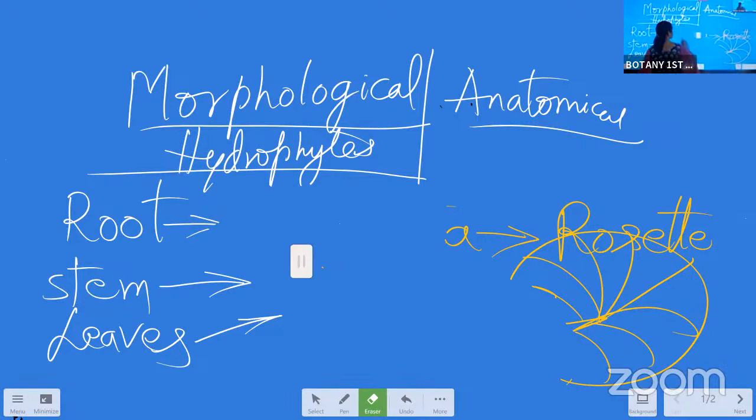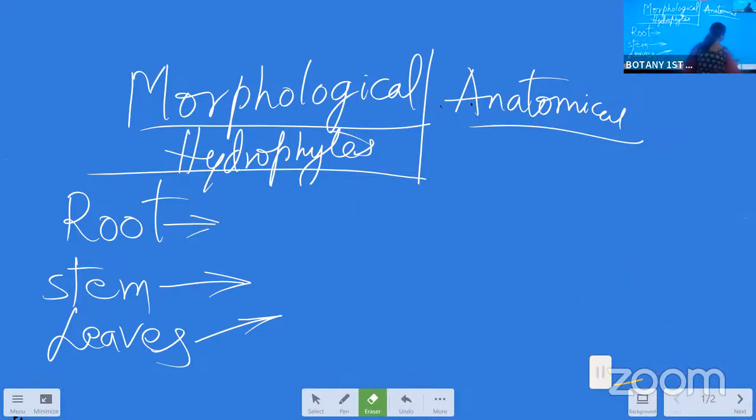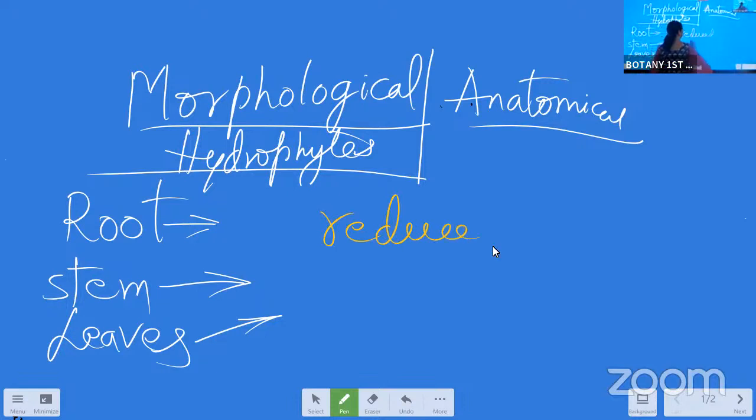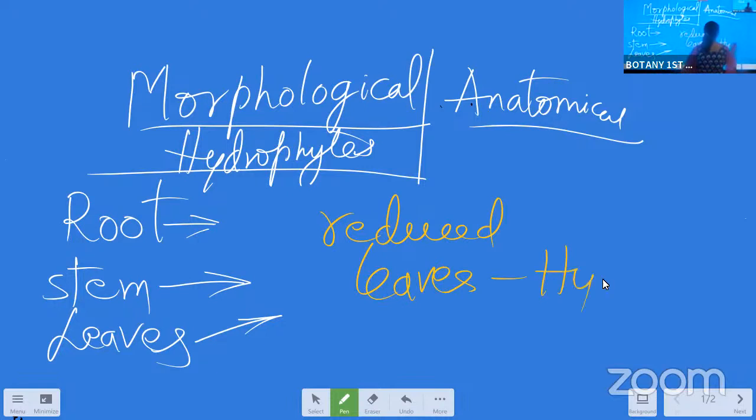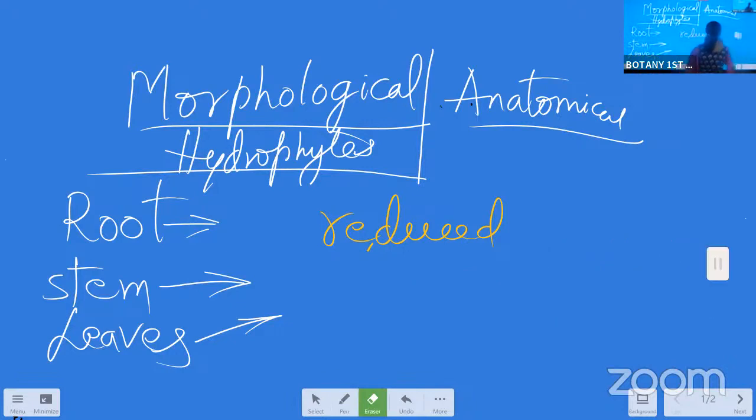In that, long ribbon-shaped leaves are present in Vallisneria. Like this, we have to say the different examples. Again, leaves are reduced in Hydrilla. So like this, we have to give the occurrence of the root, stem, and leaves in different parts, in different plants of the hydrophytes with the examples.